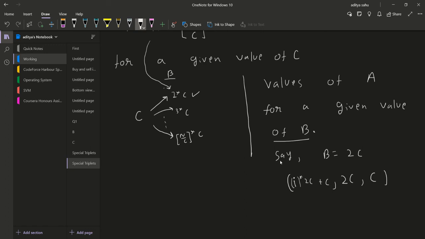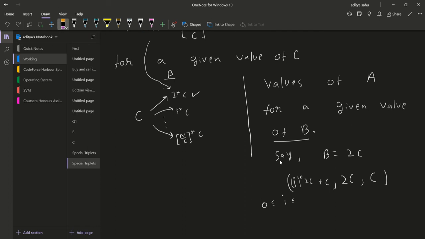Now if I do modular of 2c, I will be getting the remainder c. So that holds. So this I value itself can be greater than 0, and it can be lesser than some value.